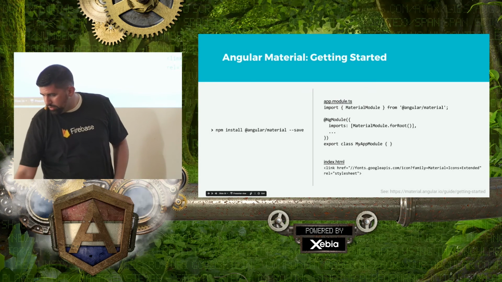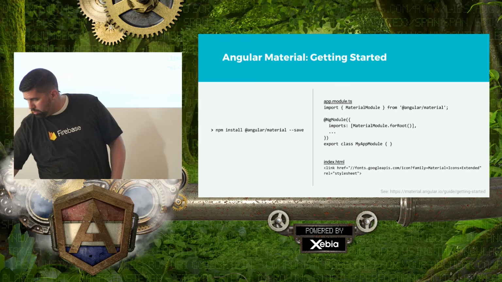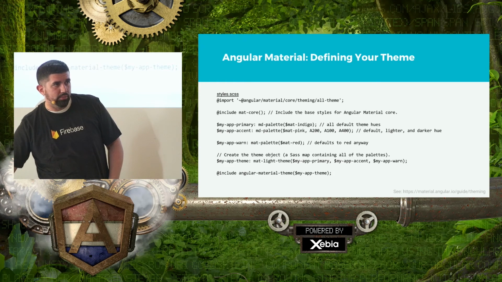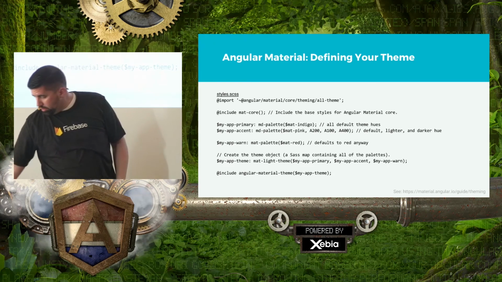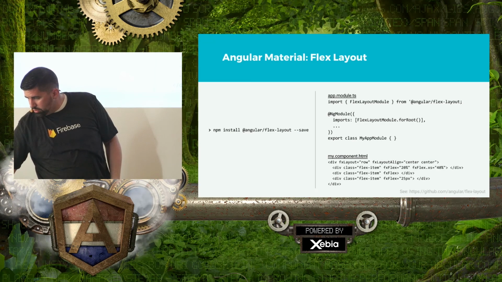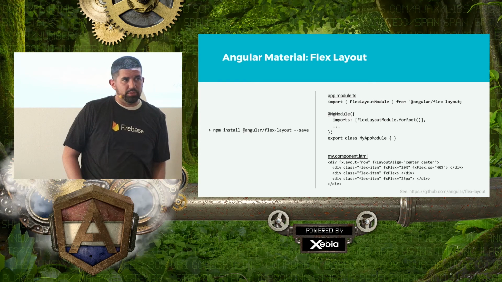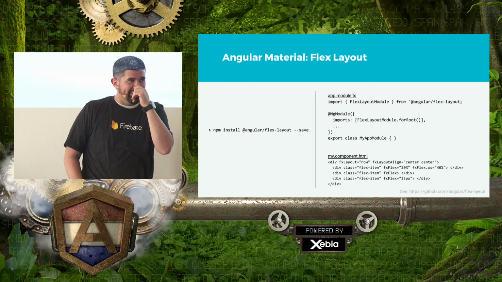And how you can get started there, much the same. npm install it, inject it, import it, and you can also set some icons. Defining your theme, quite simple. Don't have to do all the SCSS and CSS work. You just use named themes and set your variations. And flex layout, this is based on Flexbox 2016, which you can love or hate.